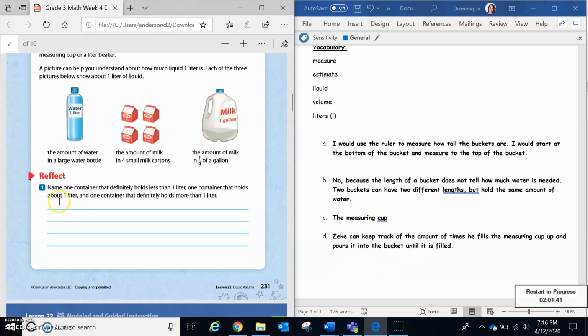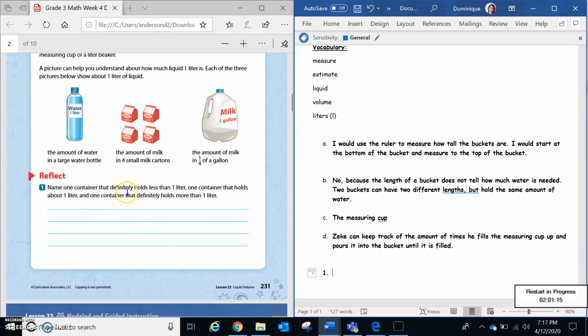So now let's reflect. It says, name 1 container that definitely holds less than 1 liter, 1 container that holds about 1 liter, and 1 container that definitely holds more than 1 liter. So what we can do is actually use these pictures up here to help us.